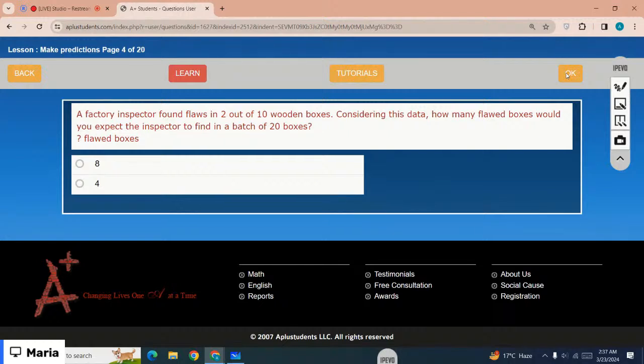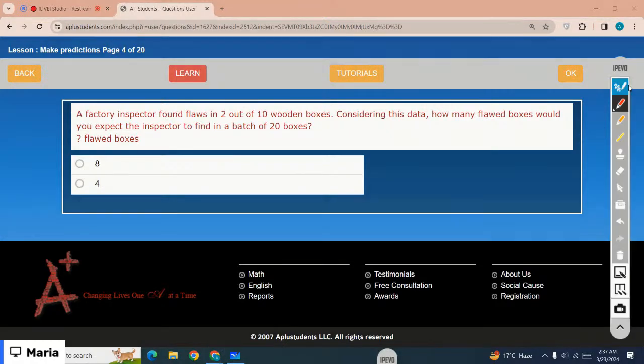Okay, that is 2 out of 10, right? So, the probability of flaws is 2 out of 10, that is 1 out of 5. You have to find, considering the data, how many flawed boxes out of 20, right? That is 1 out of 5 equals n out of 20, right?